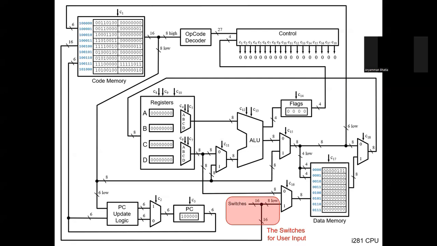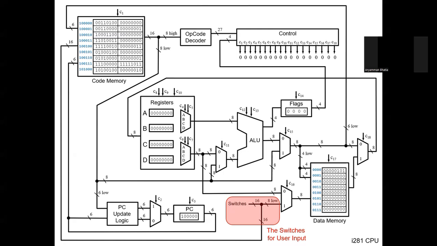Then we have some switches for the user input. So the user can manipulate parts of the code memory, and the user can also manipulate the data memory. There are 16 switches for that. The value of the 16 switches manipulates the code memory if the write enable line of that is turned on, which is given by the control line C1.